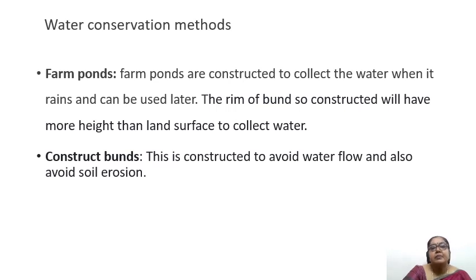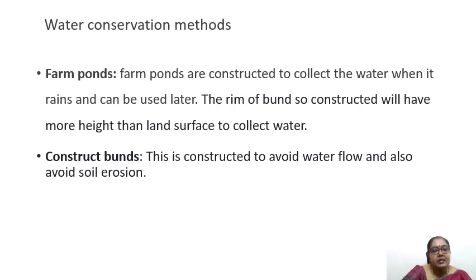And the rim of the bund that is constructed will have more height than the land surface to collect the water. They just want to ensure that the water doesn't run away or there is no loss of water. So they try to make this rim around the bunds that they construct so that the water stays within.